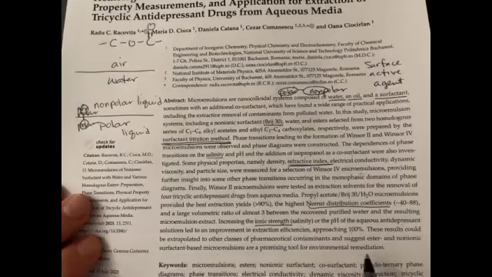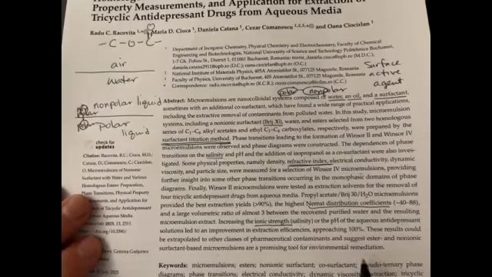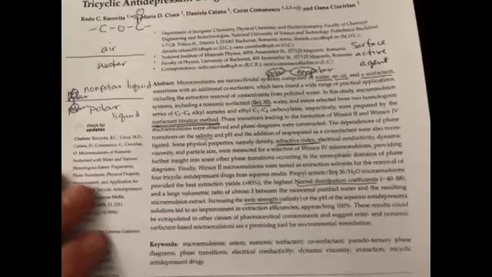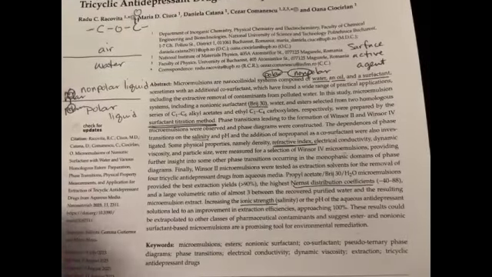I still don't know why they chose esters. Maybe the tricyclic antidepressants have esters in them and like dissolves like. Potentially, I don't know. Okay, so that was the abstract.